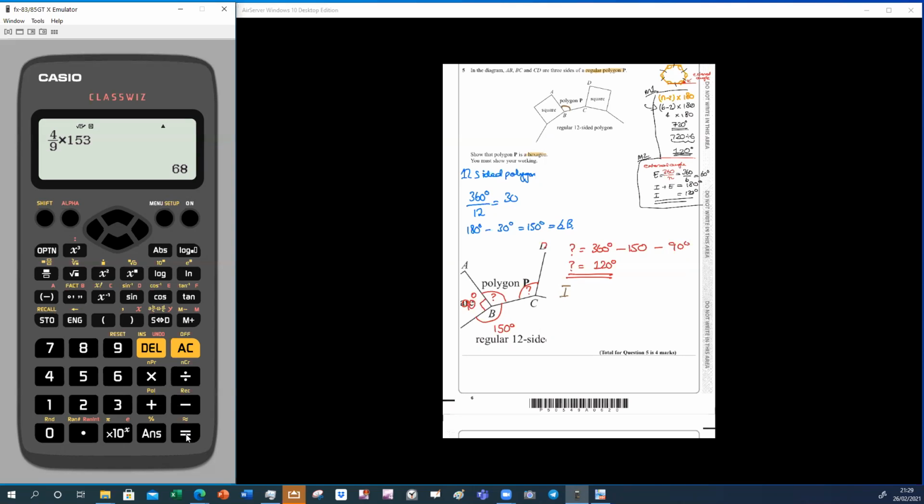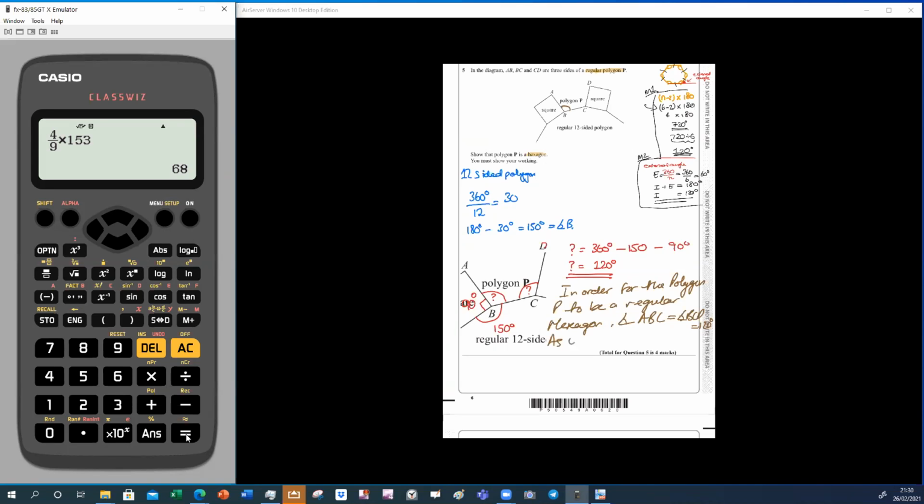So in order for the polygon P to be a regular hexagon, angle ABC, which equals angle BCD, equals 120 degrees.